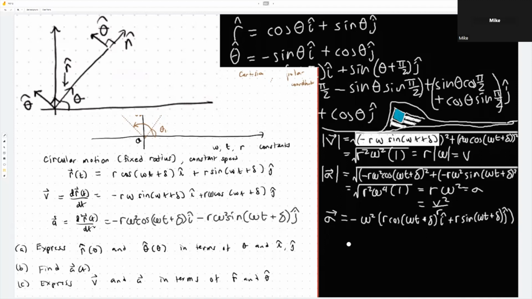Okay, so what's inside the parentheses? If the position vector goes from the origin to the position of the particle, what is the direction of the acceleration here?